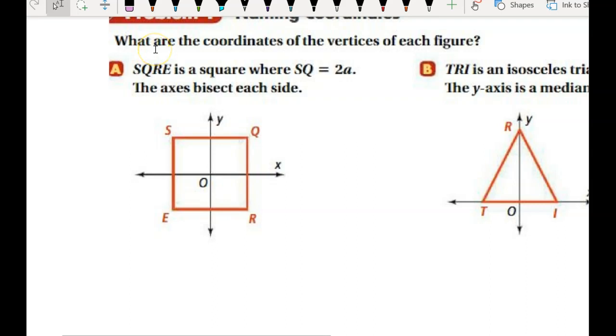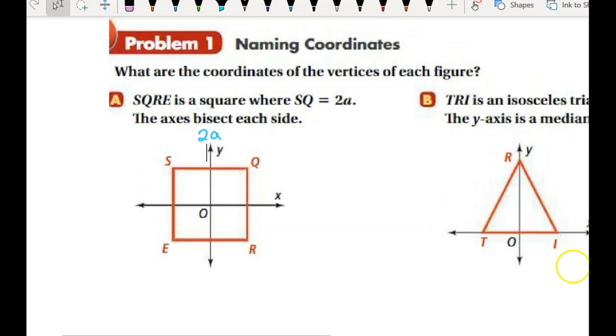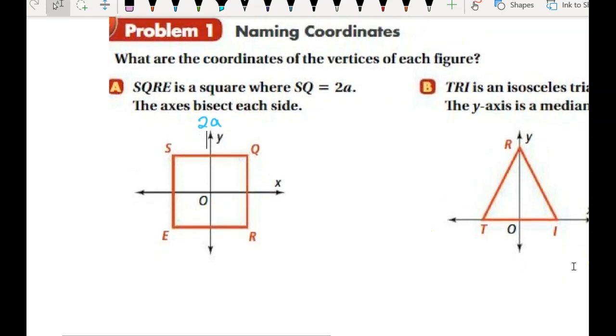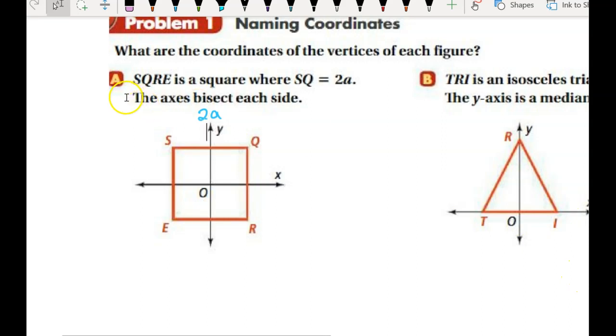Okay, so this one wants to know what are the coordinates of the vertices of the figure. And this one for A, we have S, Q, R, E. SQ is equal to 2a. And a key piece of information is that the axes bisect each side.